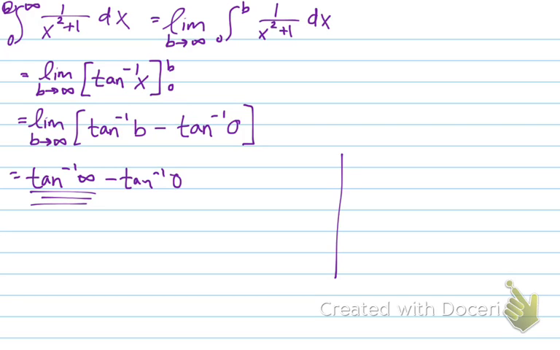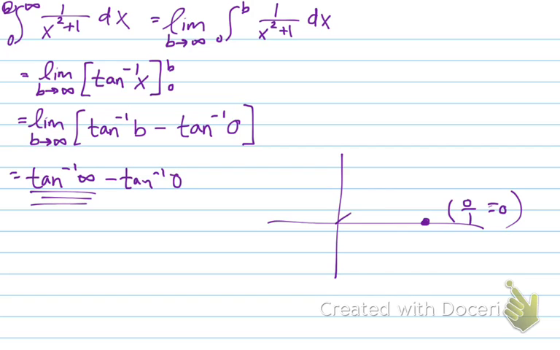So remember that arctangent, when we're looking at the unit circle, is the answer to what the original tangent was. So for example, tangent of 0 would be 0 divided by 1, which is 0.